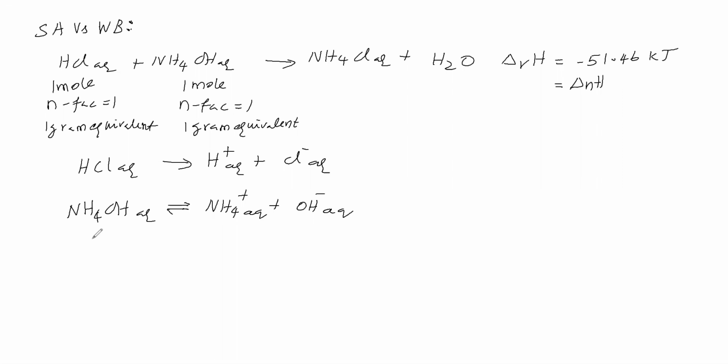Partial ionization means, suppose you take 1 mole of ammonium hydroxide, after some time 1 minus x moles of ammonium hydroxide will be remaining, with x moles of ammonium ions and x moles of OH minus ions.